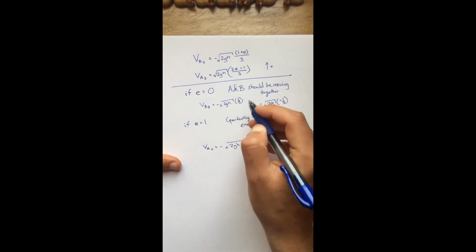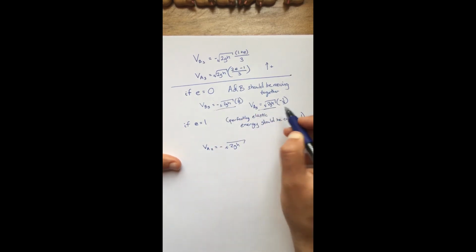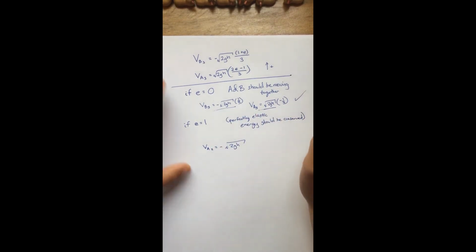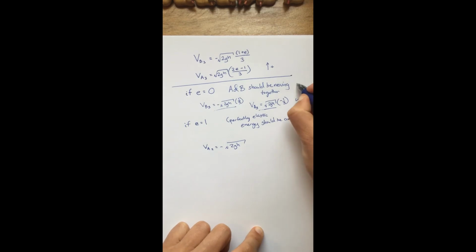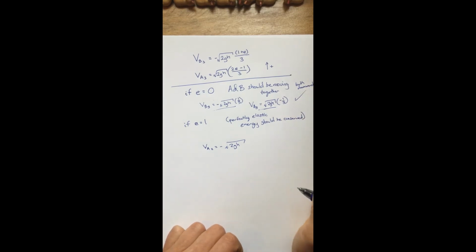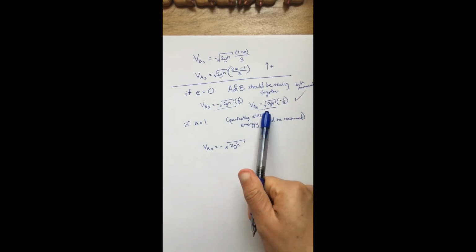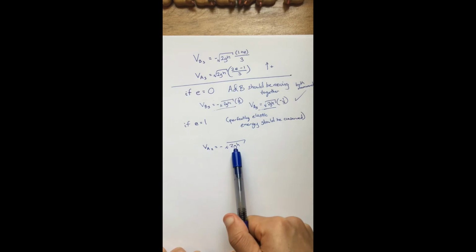And this is equal to this. So they are moving together. So that looks good. And they're both moving downward in this case, which makes sense since A was moving downward to begin with. So they both move downward, but at a smaller velocity than A had to begin with, because now you have more mass.